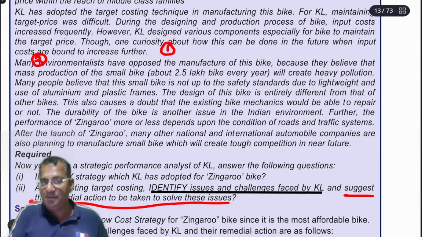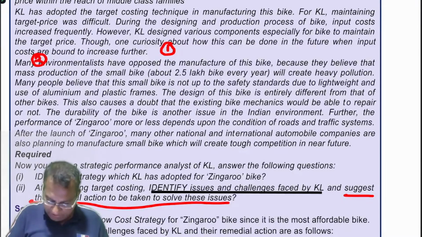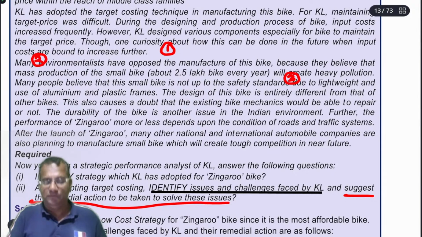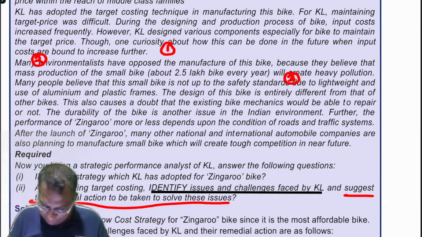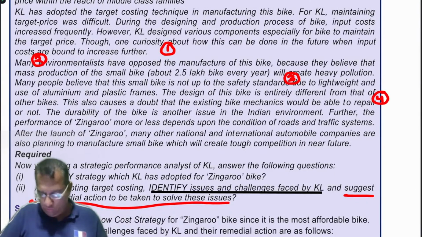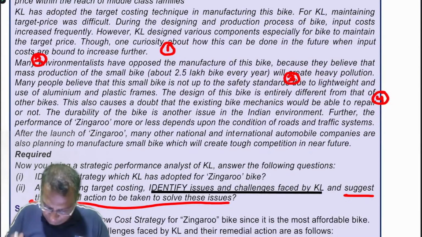They are opposing the manufacturing of this bike. The third challenge is safety standard. The fourth challenge is repairing, because the design is altogether new. So how can we convince our customers that there will be no problem in repairing the bike in case an issue arises? The fifth problem is related to durability.